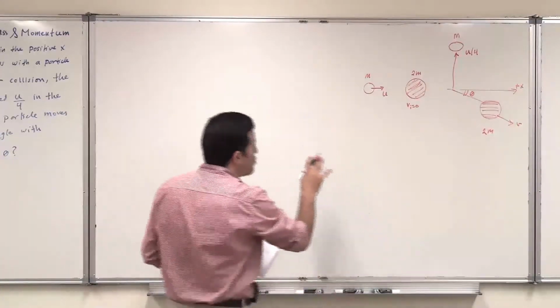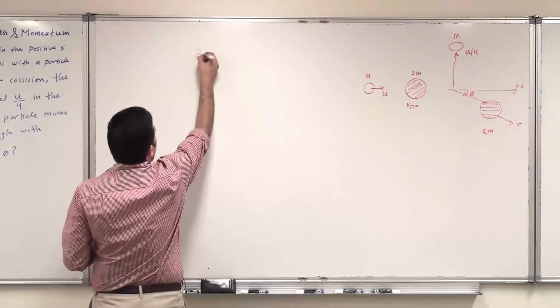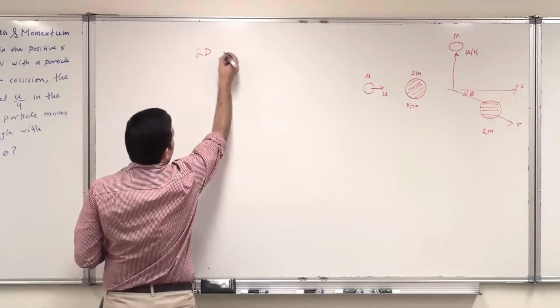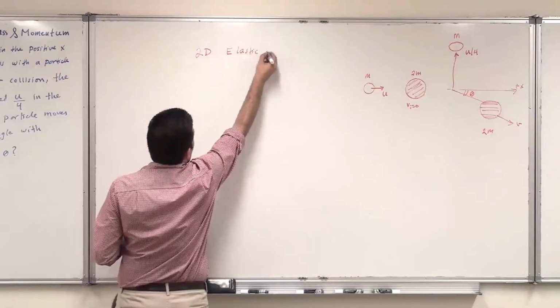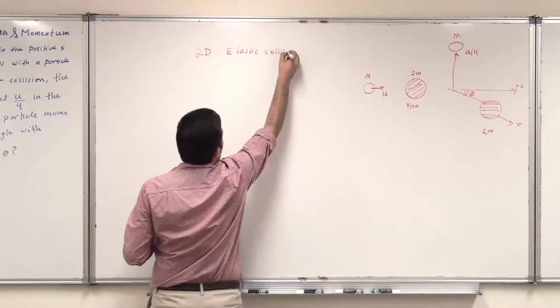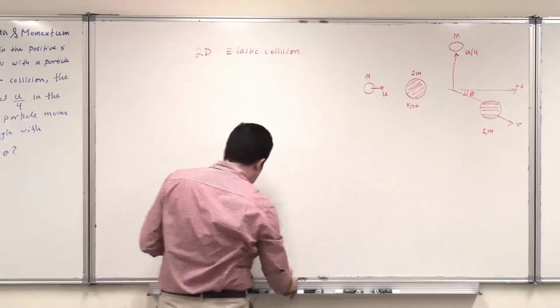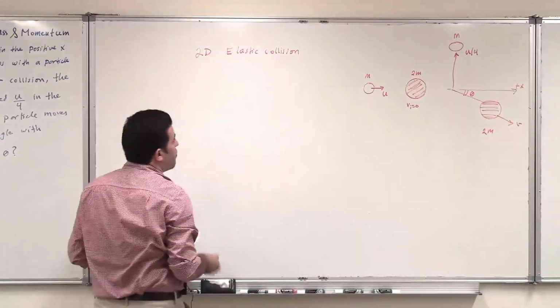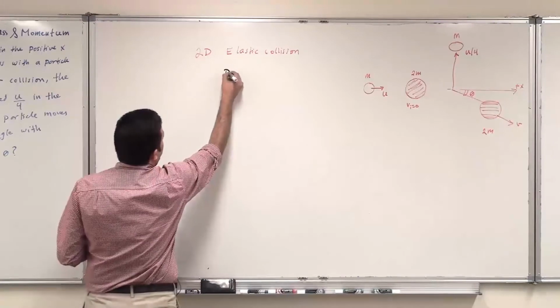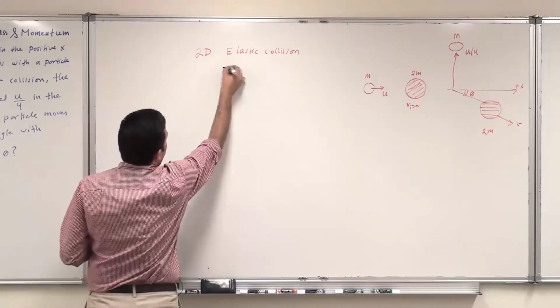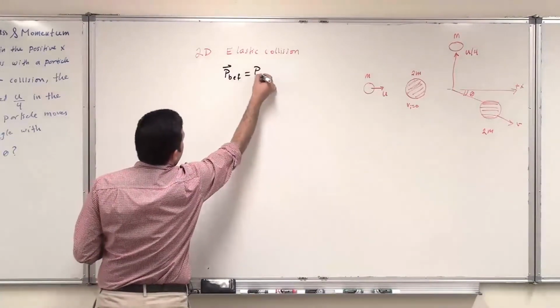So basically, this is a two-dimensional elastic collision. So we need to apply the conservation of momentum. So P before should equal P after.